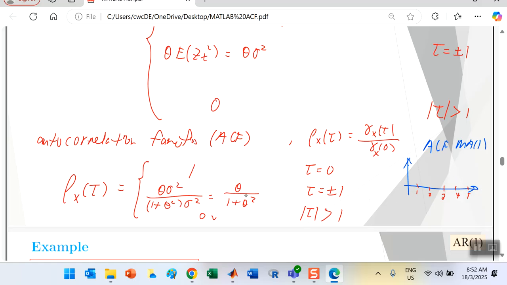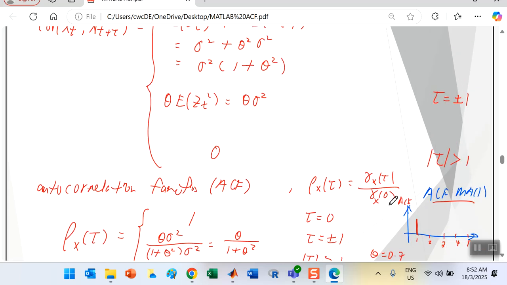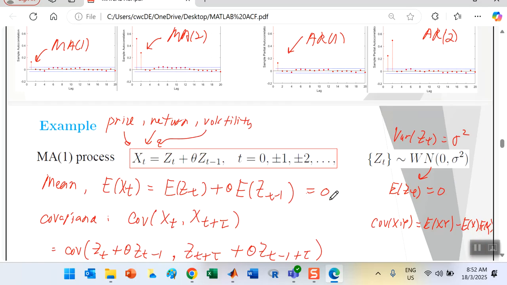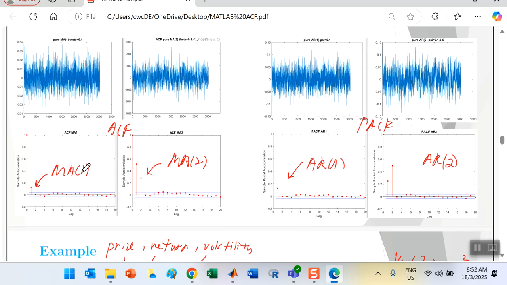If theta is 0.7, then lag 1 is 0.7 over 1 plus 0.49, so you have a quite significant spike in your ACF for MA1. This shows why MA1 has only one significant spike in the ACF plot.